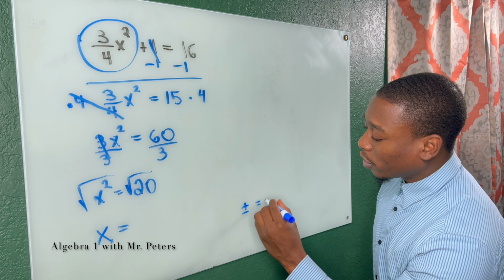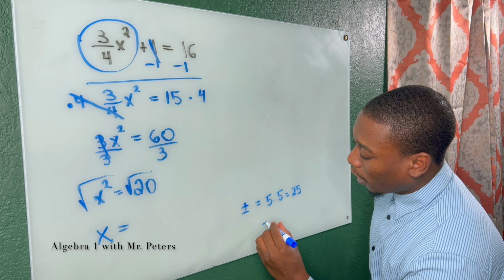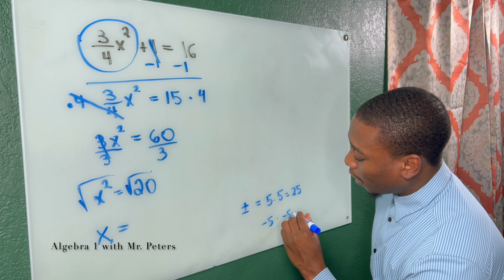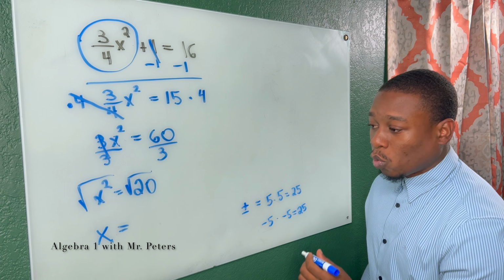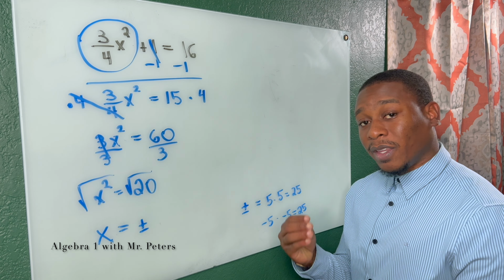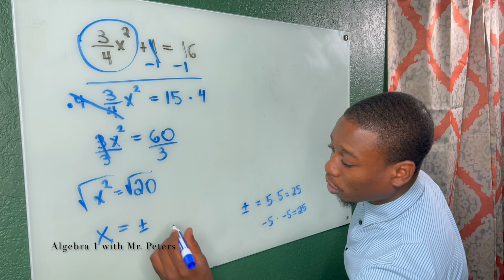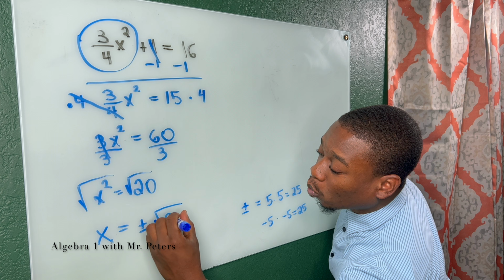Why? Because positive 5 times positive 5 is 25, and negative 5 times negative 5 is 25. So when you see this plus or minus answer, this is what it means. There's 2 possible solutions. So it's going to be plus or minus square root of 20.